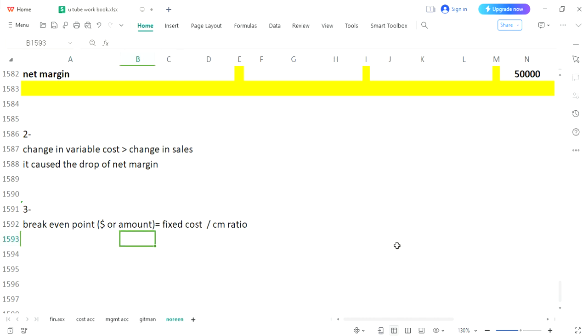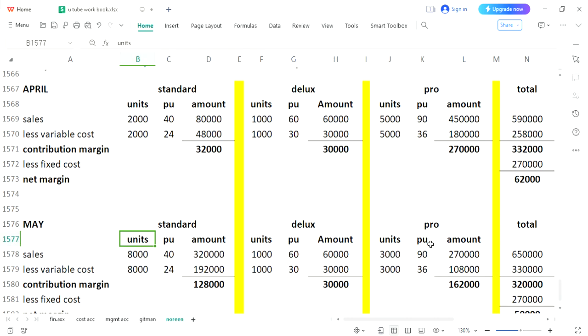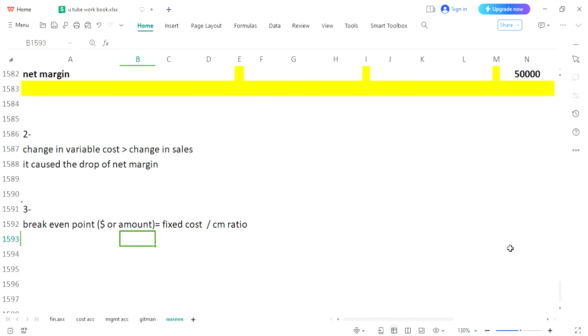Okay, so fixed cost, as we know, is fixed for each month, 270,000. So we can write our fixed cost as 270,000. Then we need to divide by CM ratio, and that we can calculate over here.